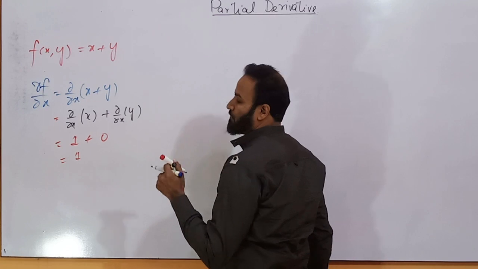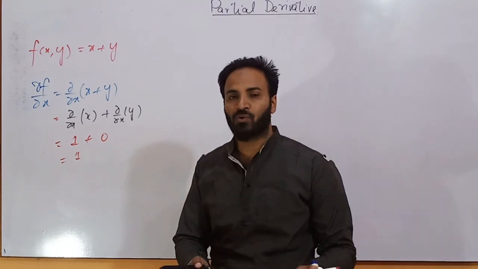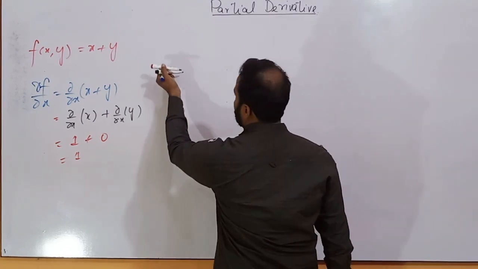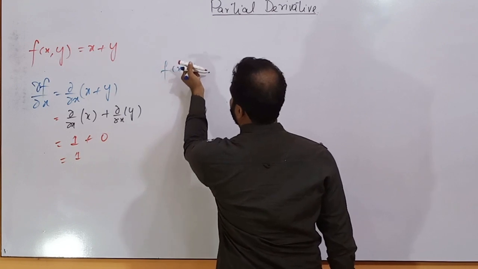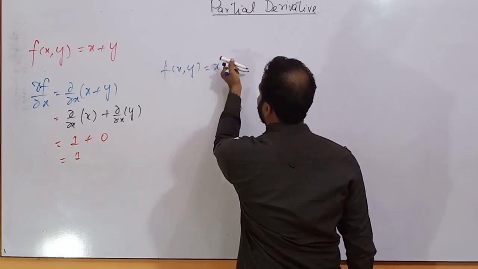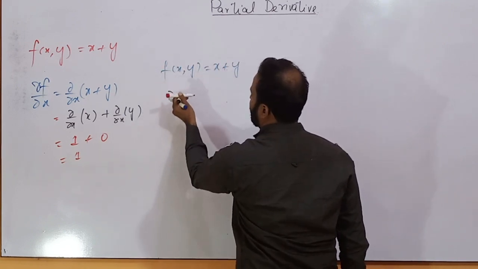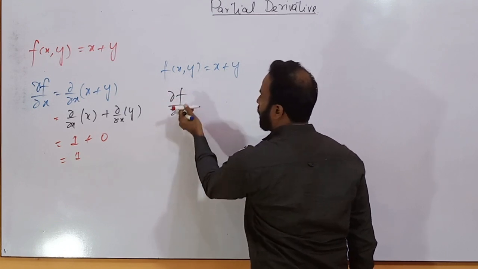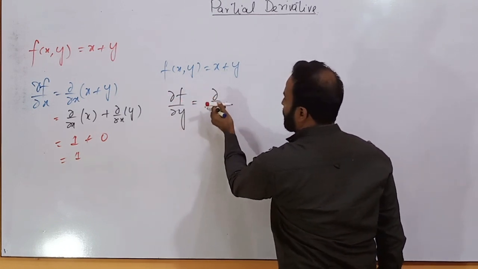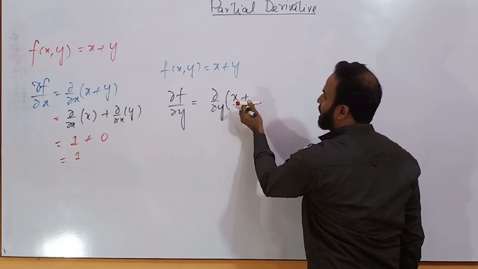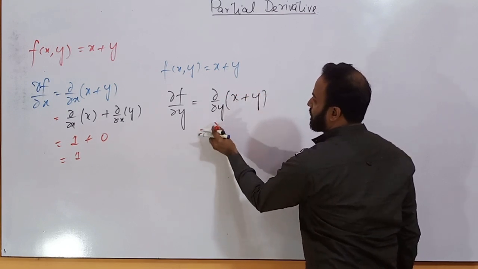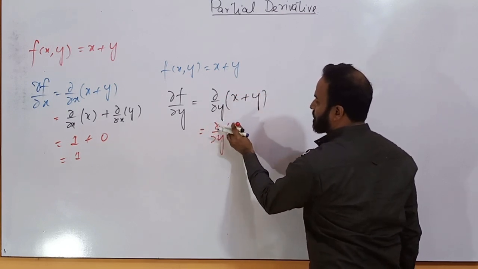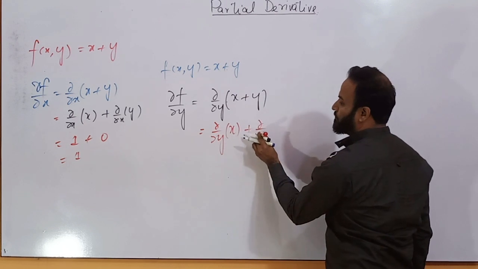On the other hand, if you want to take the derivative with respect to y of the same function f of x, y, x plus y, then take the partial derivative with respect to y of x plus y. Separate the partial derivatives.